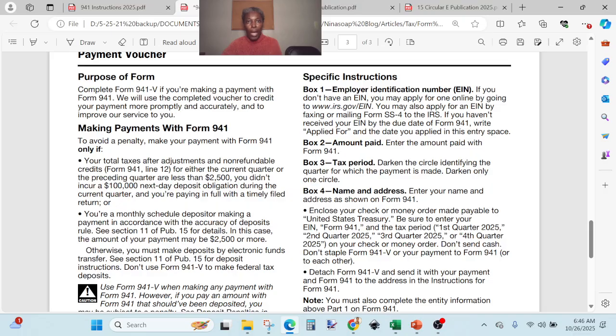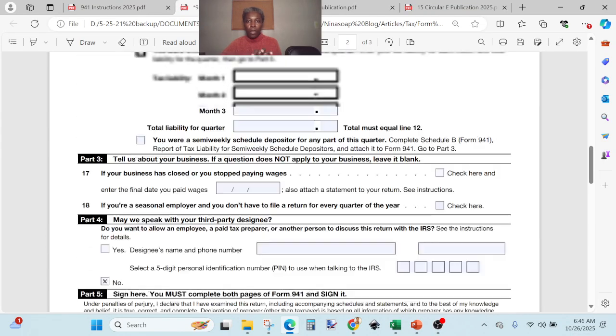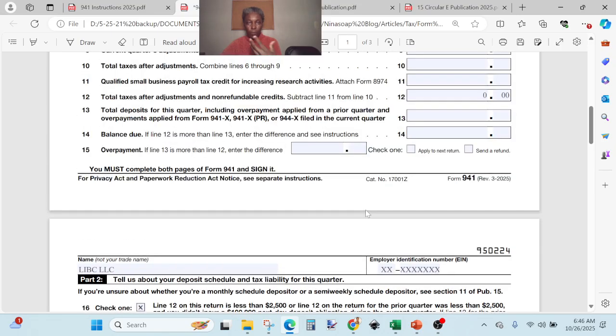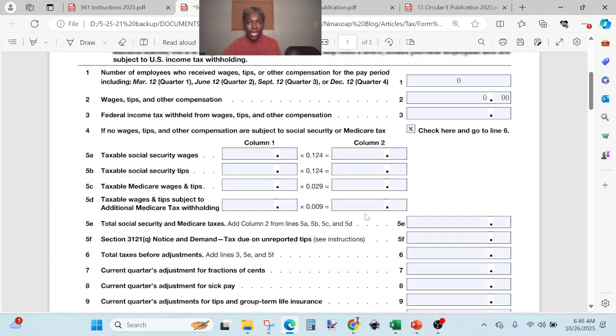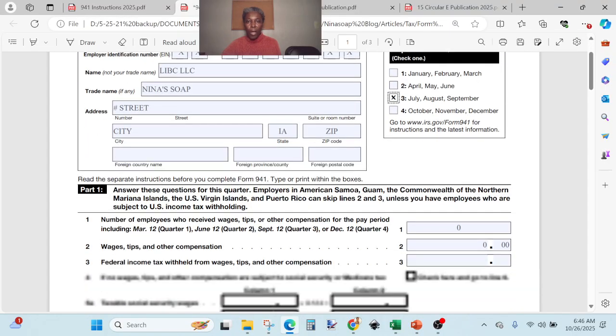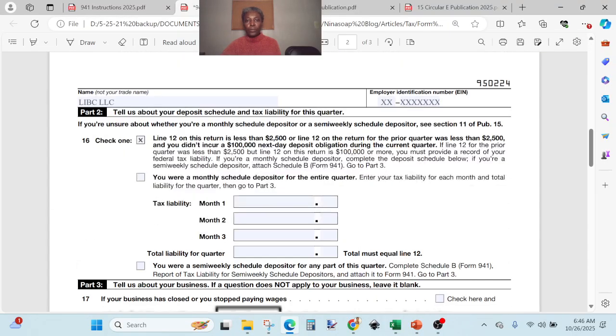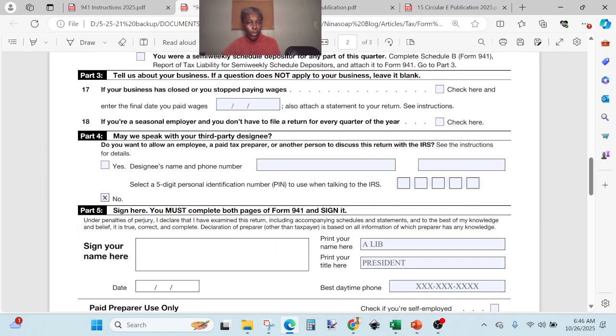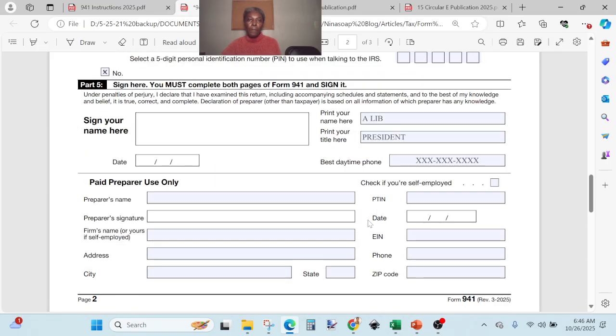Therefore, you do not owe any tax, and that is what this section is about. So now that you are done completing part 1 and part 2, if you are a tax preparer, you will make 3 copies: 2 copies in addition to the original one that you printed out.